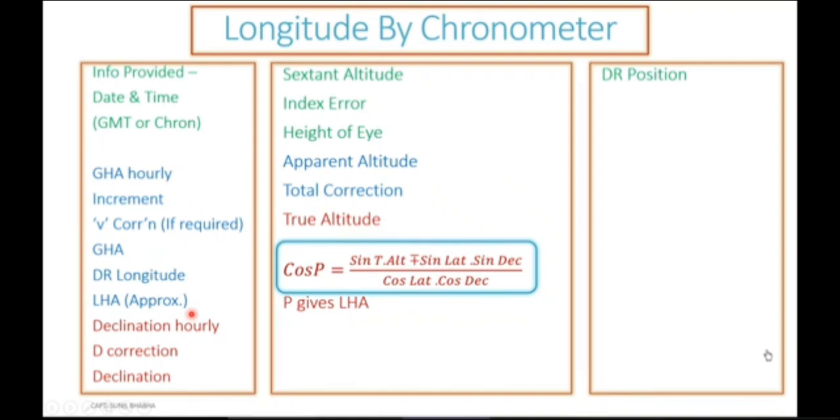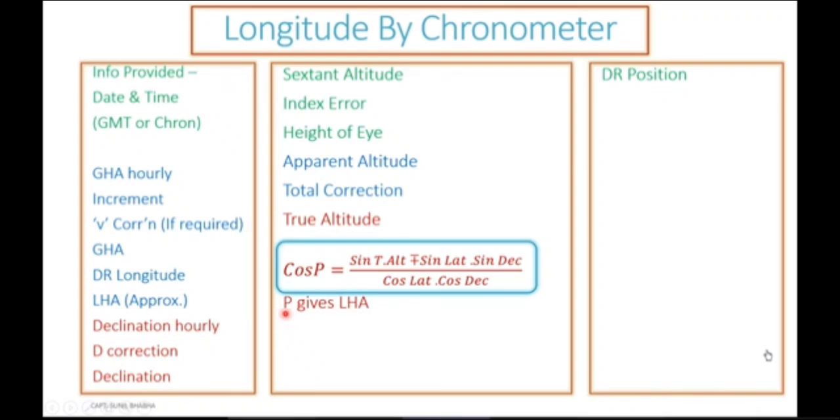Usually in 90% of the questions, this will be within a degree. That means whichever of the two values, P or 360 minus P, you get will be within a degree of the approx LHA.